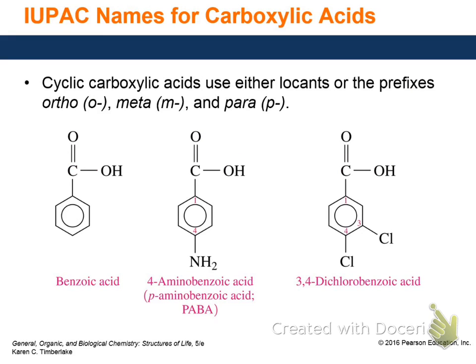Well, another couple of common, well, at least one common name that is part of the systematic nomenclature is benzoic acid. So benzoic acid is a benzene ring with the carboxylic acid attached directly. So we call that benzoic acid.